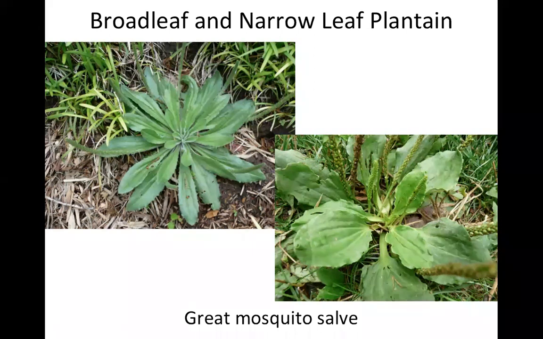You want to make sure it's in an area where pets aren't around. You take a leaf and chew it up in your mouth, and if you get a mosquito bite, you put it on as a salve onto the mosquito bite, and it just takes the itch away right away. It's so cool. You don't want to eat it though, but you can definitely use it as a spit salve.